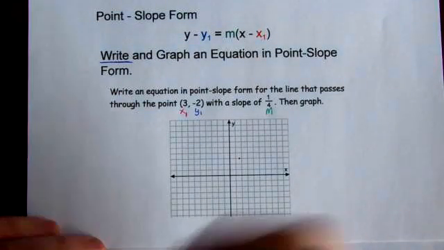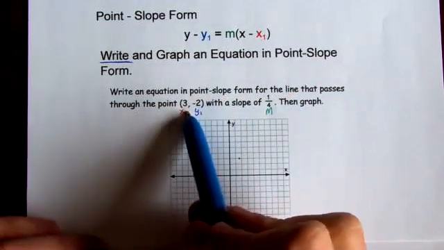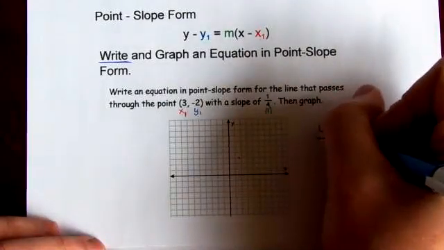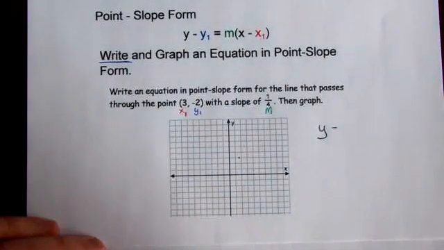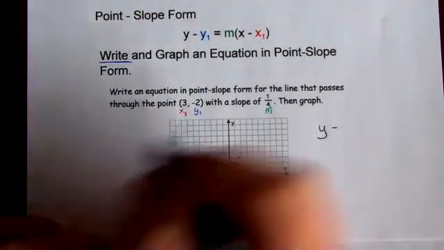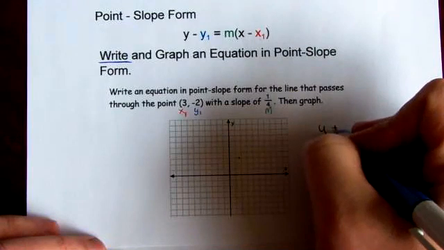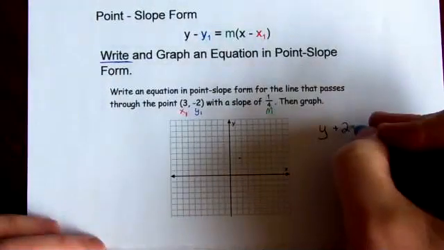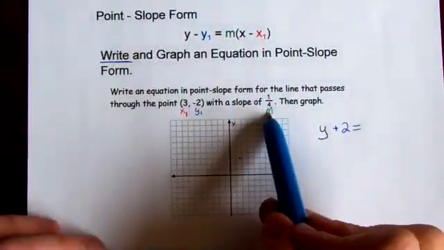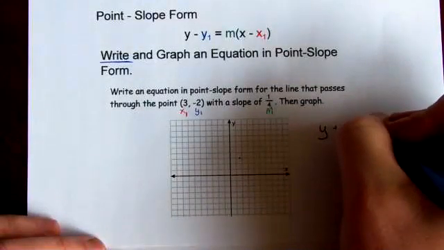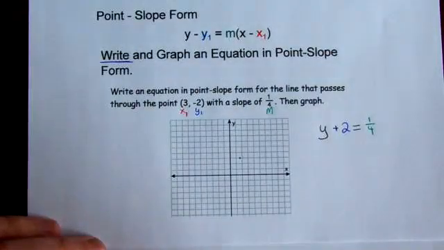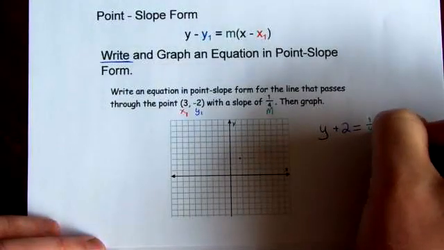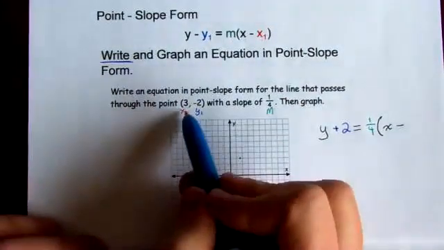So if I wanted to write an equation of a line that crosses through this point with that slope, we would do it as so. We'd have y minus, well, y1 is negative 2. Since it's minus negative 2, it'd be y plus 2 equals m. In place of m is our slope, so 1/4, times, all we're doing is just writing, x minus, and our x1 is 3.